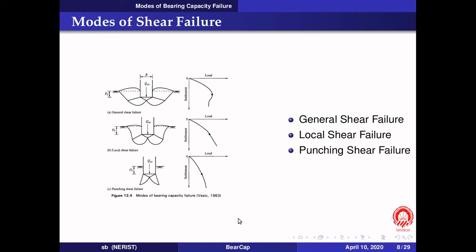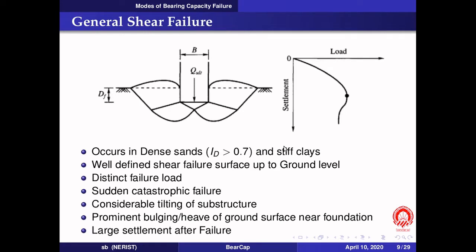From experimental studies, it has been found that a shallow foundation usually fails by one of three modes of failure. The first mode is called general shear failure. The second mode is called local shear failure, and the third mode is called punching shear failure. Now let us discuss each one of them to some extent.